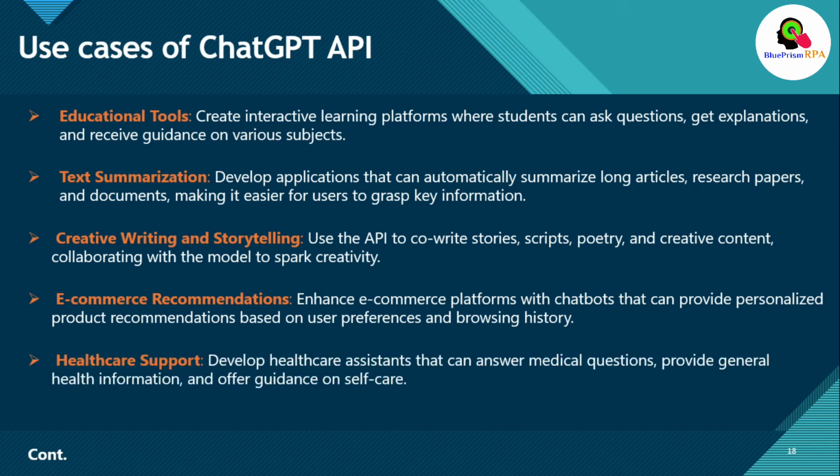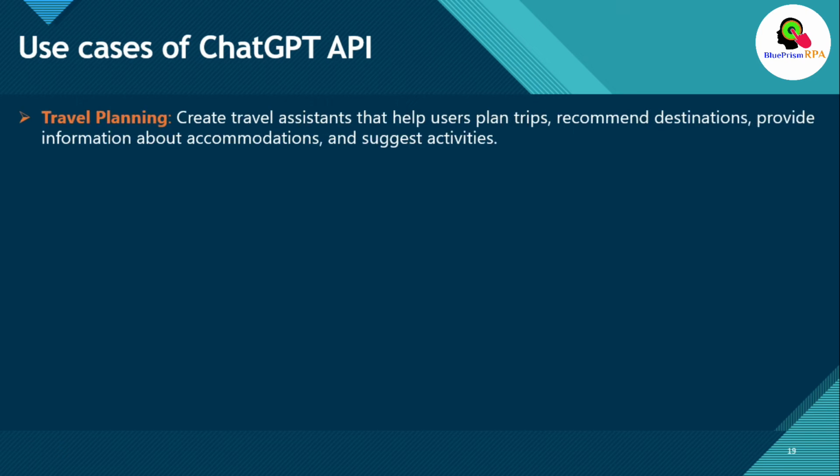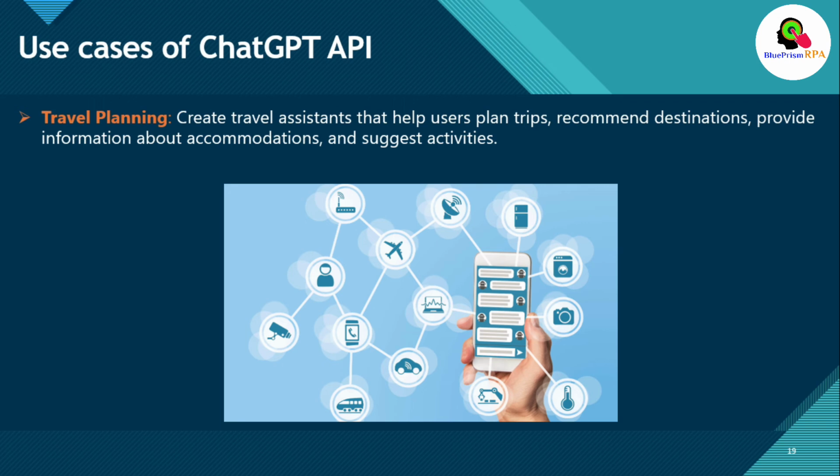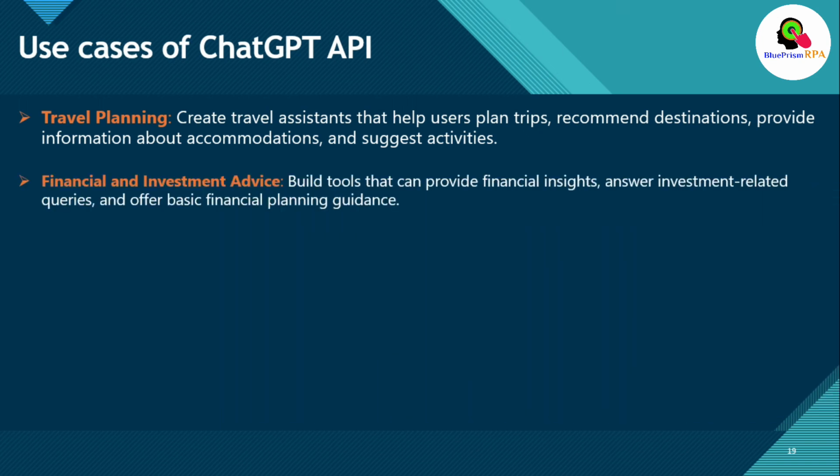It is also helpful in healthcare support, where we can develop healthcare assistants that can answer medical questions, provide general health information, and offer guidance on self-care. We can create travel assistants that help users plan trips, recommend destinations, provide information about accommodations, and suggest activities.